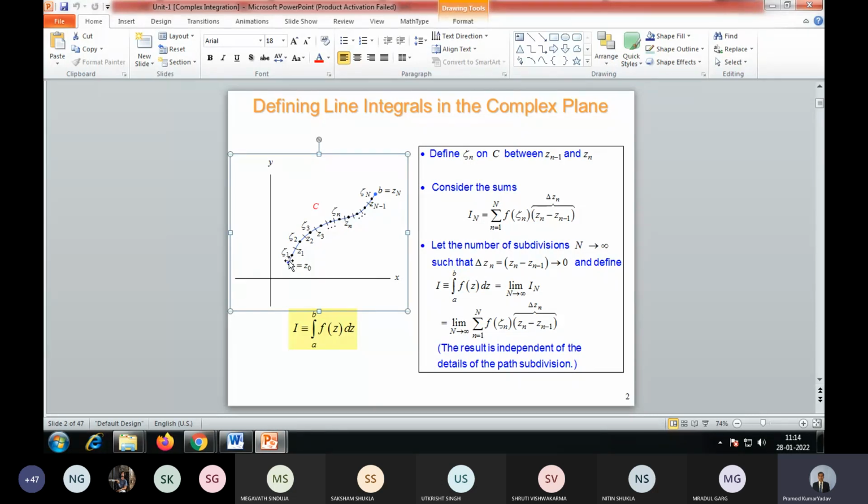However, this AB has an infinite number of points, so it is quite complicated for us to choose each and every point of AB.